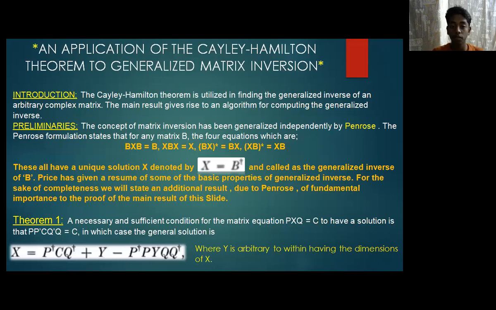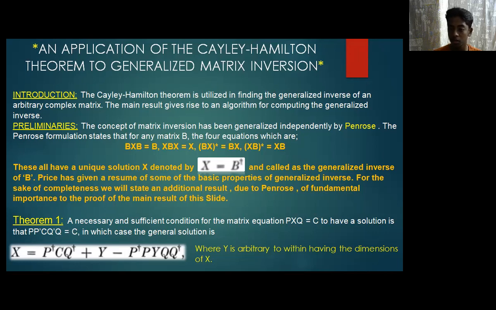An application of the Cayley-Hamilton theorem to generalized matrix inversion. Introduction. The Cayley-Hamilton theorem is utilized in finding the generalized inverse of an arbitrary complex matrix. The main result gives rise to an algorithm for computing the generalized inverse. Preliminaries of this application. The concept of matrix inversion has been generalized independently by Penrose.